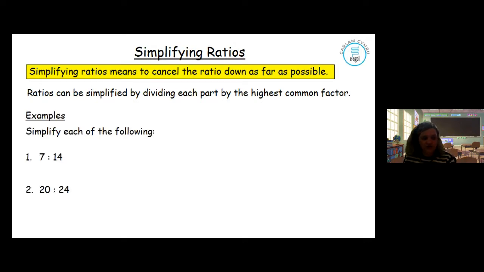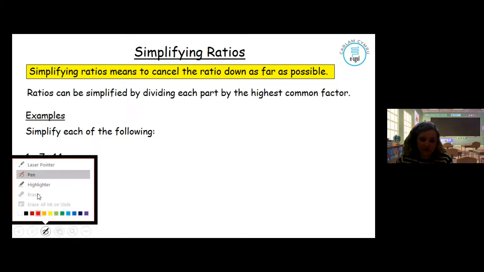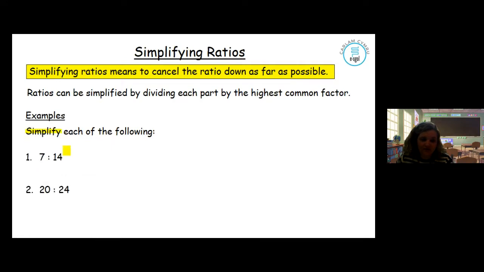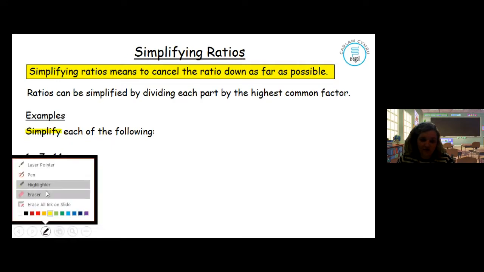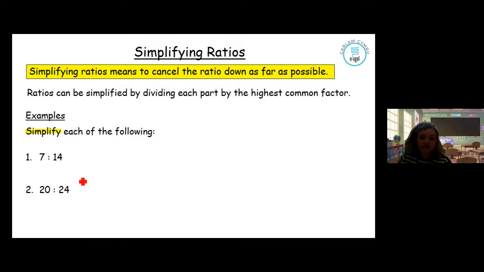Starting off, we're going to go through a couple of examples, and I have "simplify each of the following". The word simplify means cancel down as far as we can. What we can do is divide by something that goes into both of these, just like you would with a fraction. I would read this as 7 to 14, and I know that 7 and 14 are in my 7 times table.